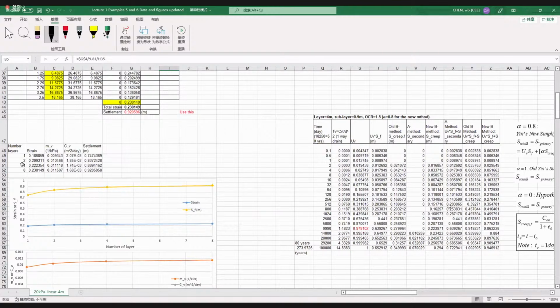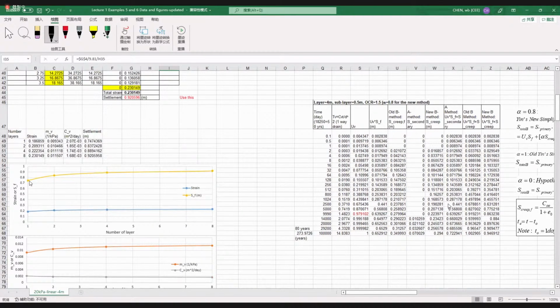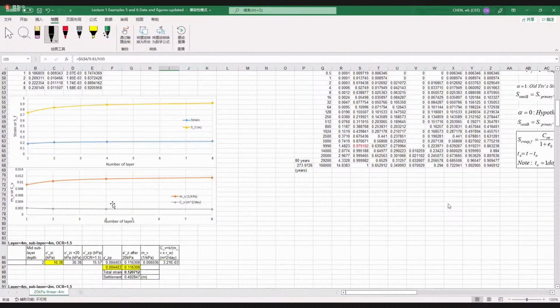So you can see with the increase of the number of layers we divide this soil layer into, the strain becomes larger at the beginning, then becomes stable. That means with the increase of the number we divide, the accuracy will be increased.